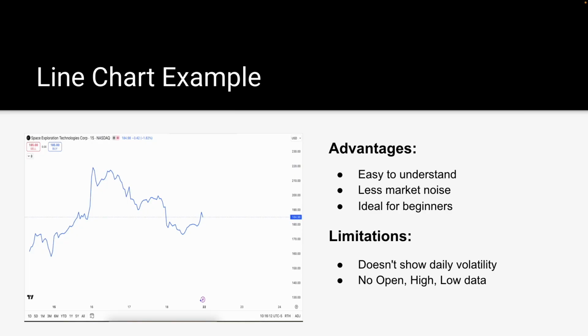As for the limitations, we can clearly see that there is no opening price, no high, and no low. The closing price is just a connecting dot. It doesn't show any daily volatility. So if you are using it for trading purposes, you cannot clearly say what the opening, high, and low data are from this chart.